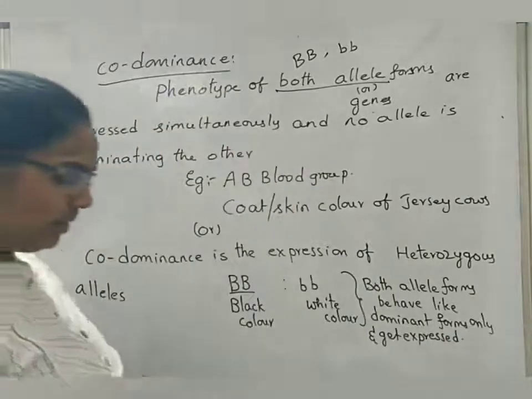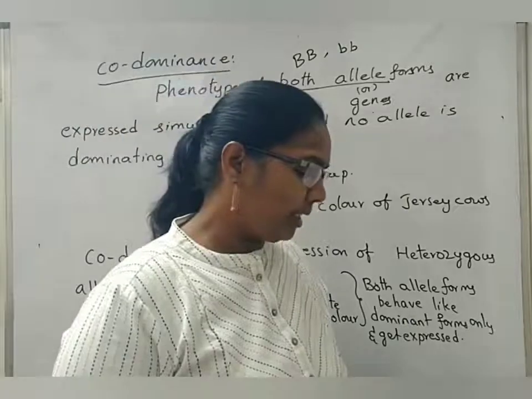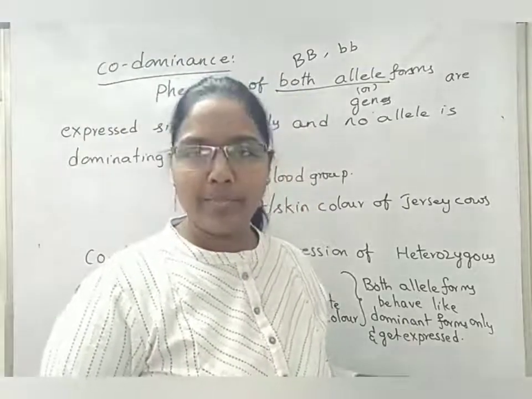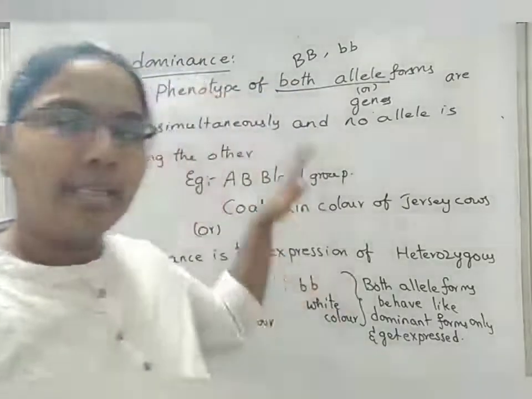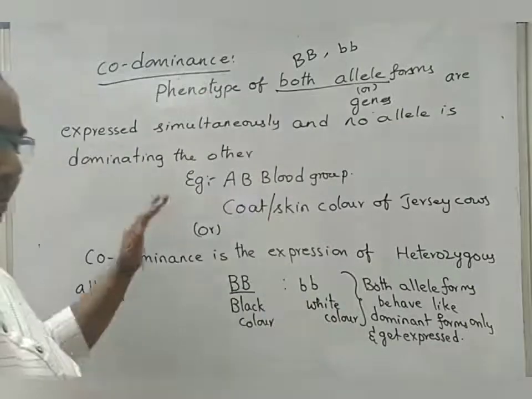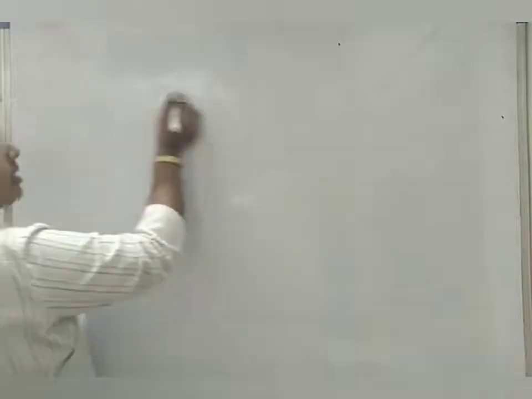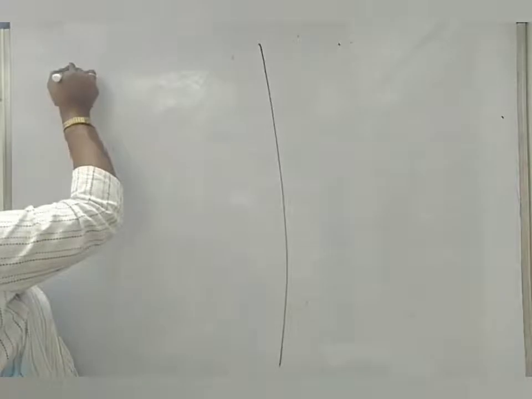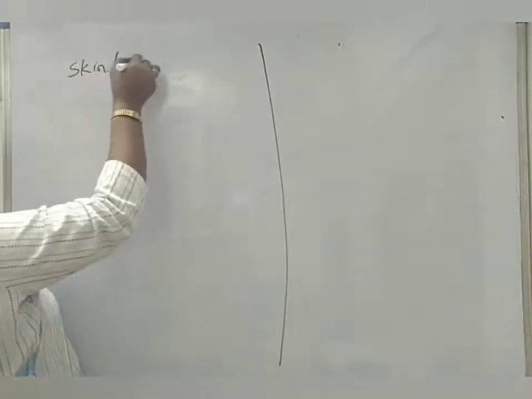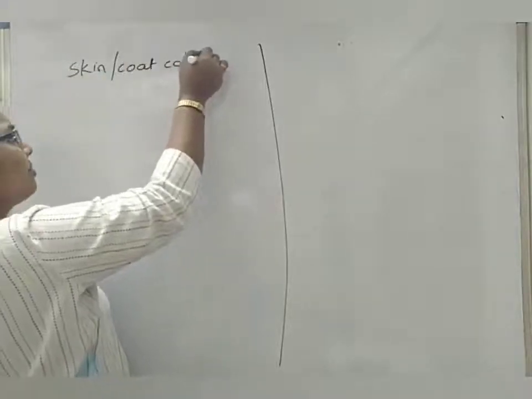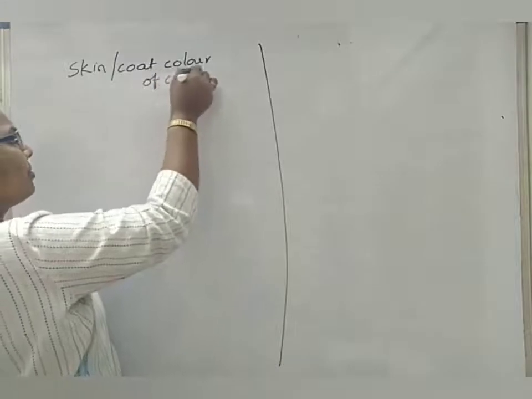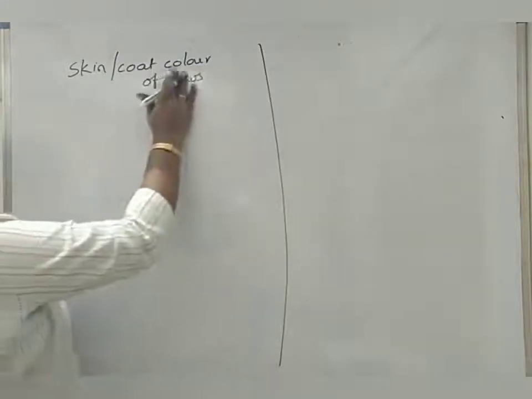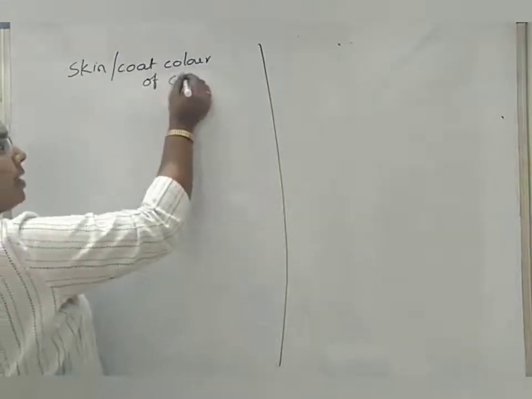Now, we will learn this example, the coat or skin color of cattle, and also the AB blood groups separately, by taking a Punnett square and representation. Example is skin or coat color of Jersey cows.